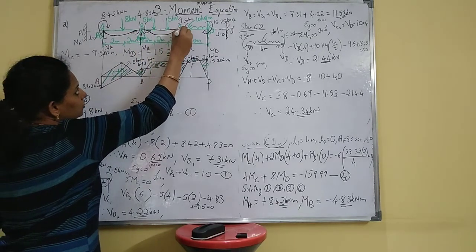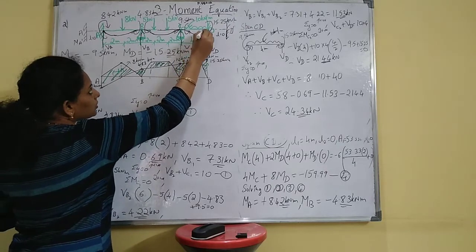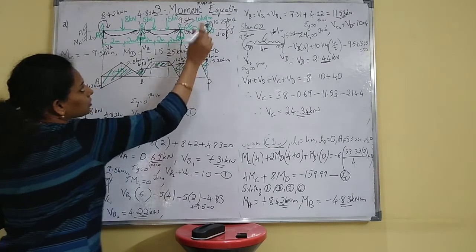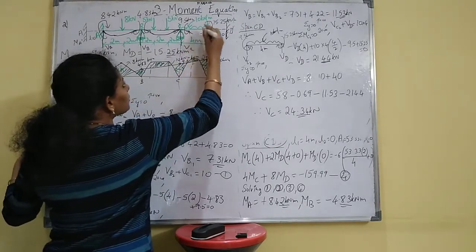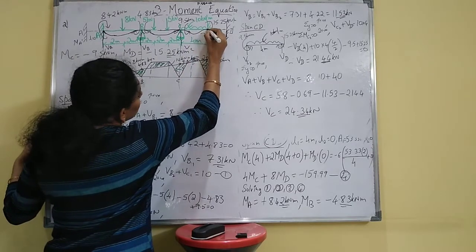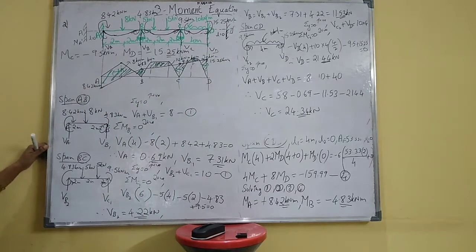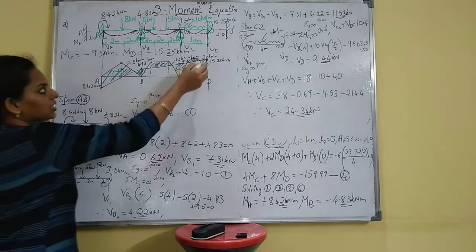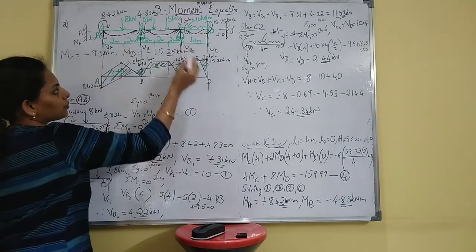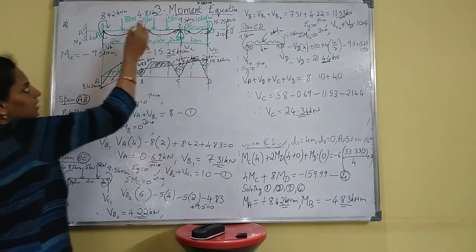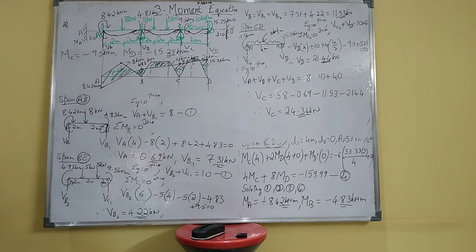Again it is negative. This point it will be like this. Okay, so this is your elastic curve. See here, in the negative region it should be hogging and in the positive region it should be sagging. Okay, this is the elastic curve and this is the bending moment diagram.